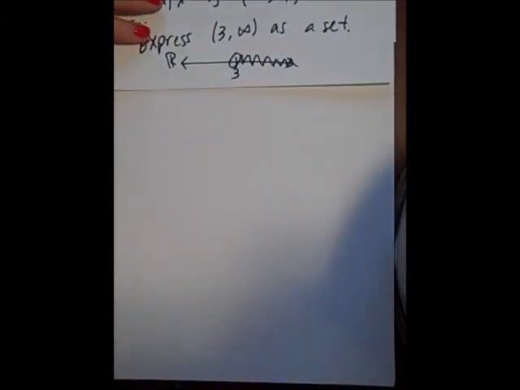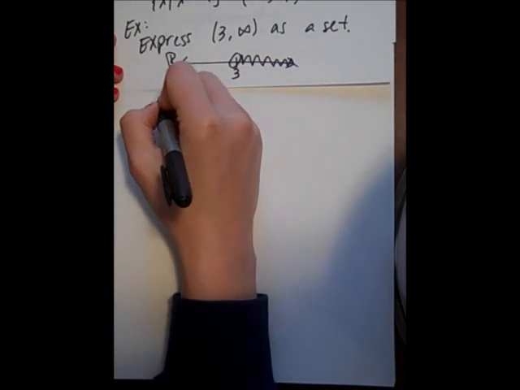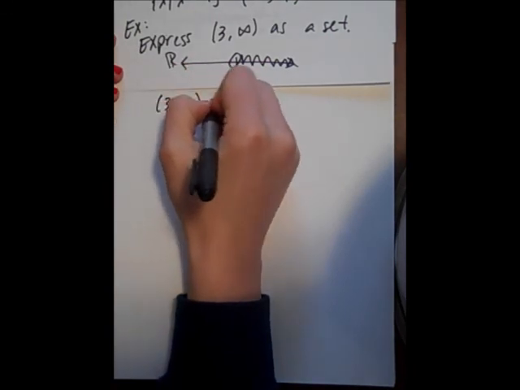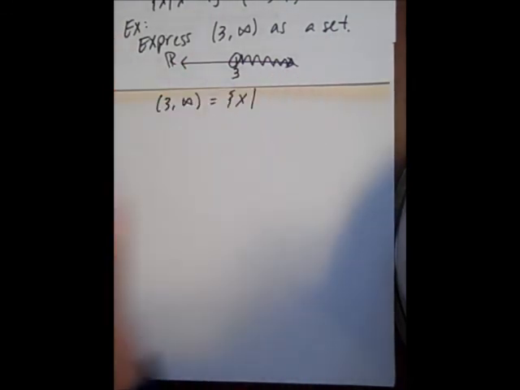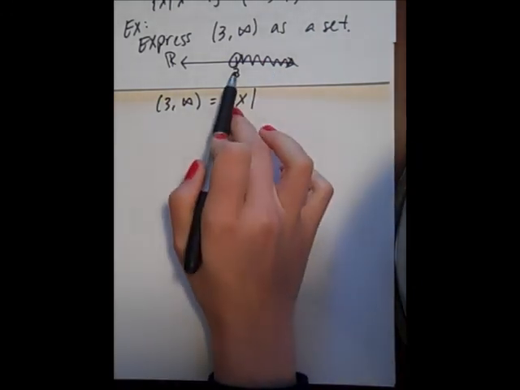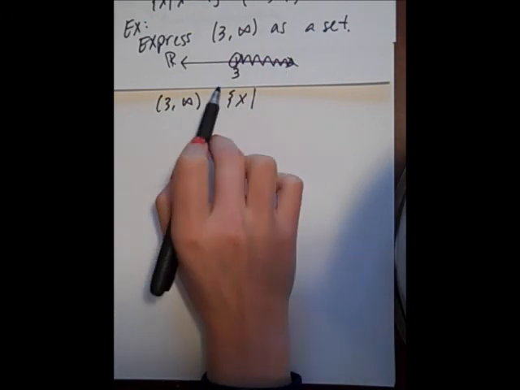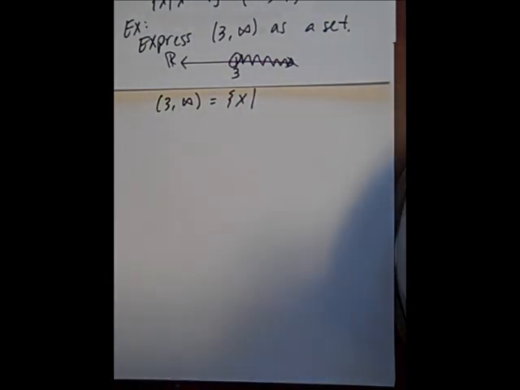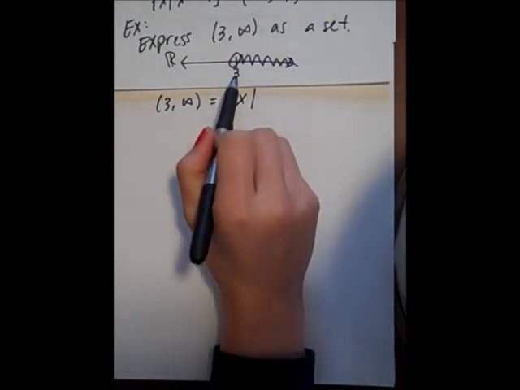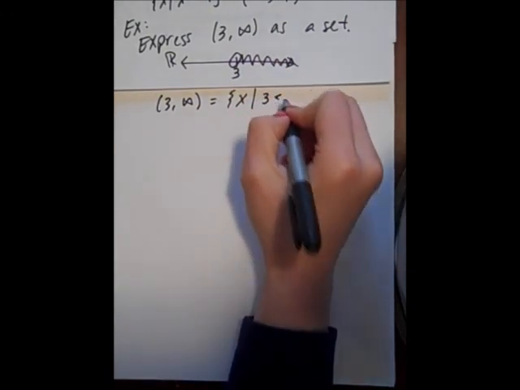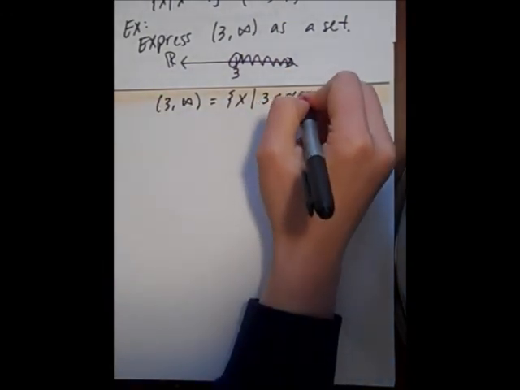So if I'm writing this as a set, I'm going to write it just like I was doing before. The set of all x such that something's true. So before, we would say, what's our leftmost value, what's our rightmost value? We don't really want to write less than infinity. That's not proper notation. So here we just say 3 is my leftmost value, and then there isn't one.